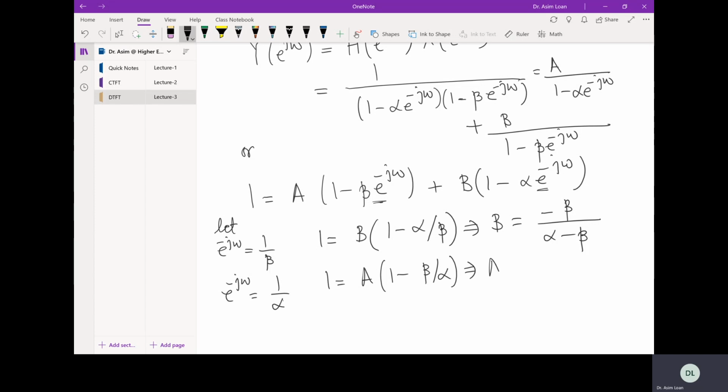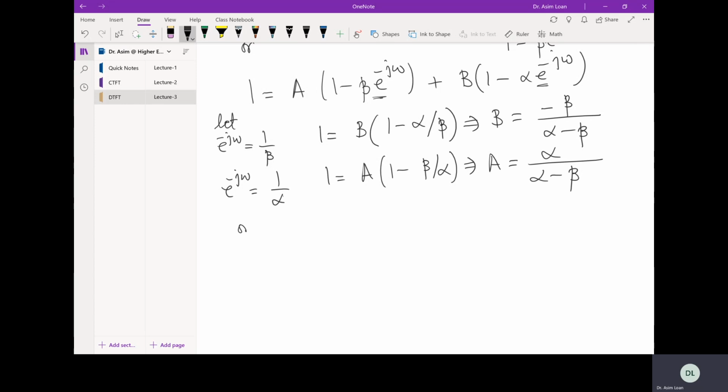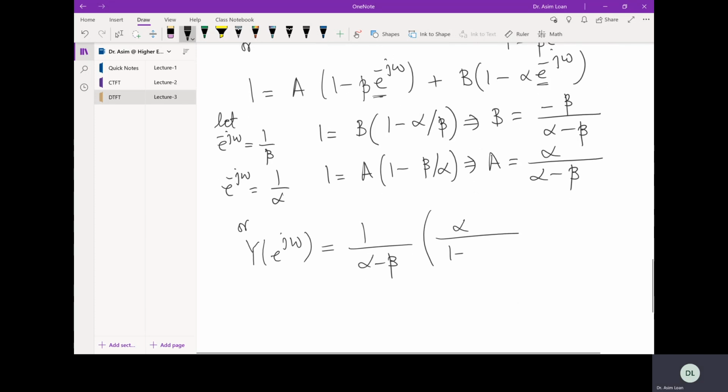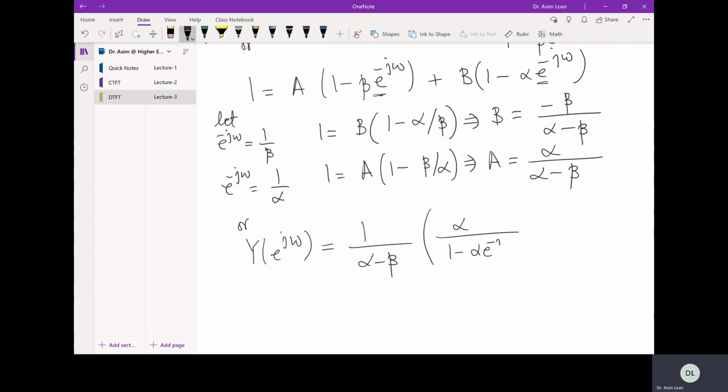This implies a is equal to alpha over alpha minus beta. Or Y of e^{j omega} equals 1 over alpha minus beta into alpha over 1 minus alpha e^{-j omega} minus beta over 1 minus beta e^{-j omega}.